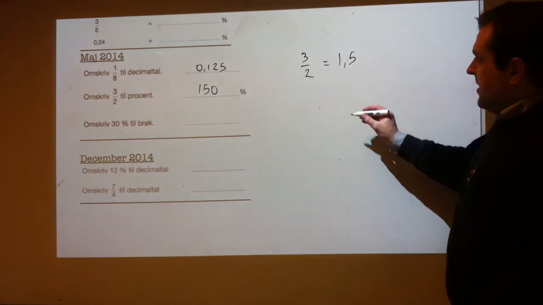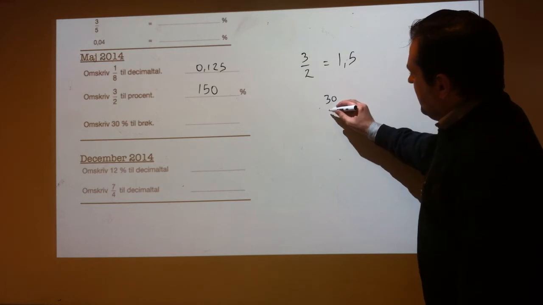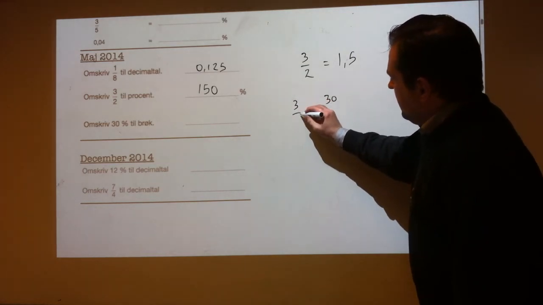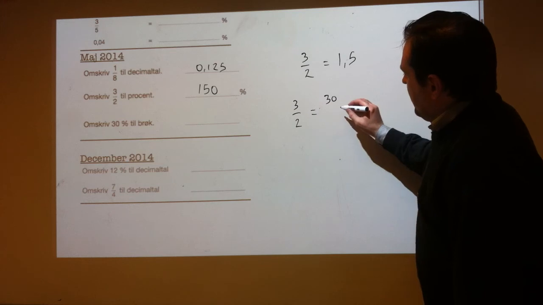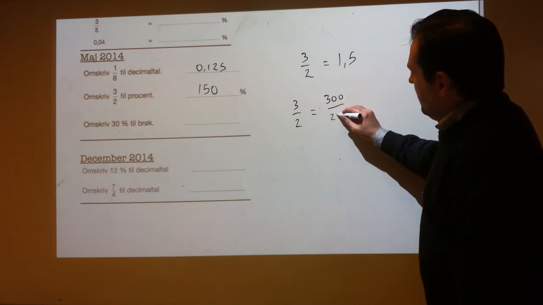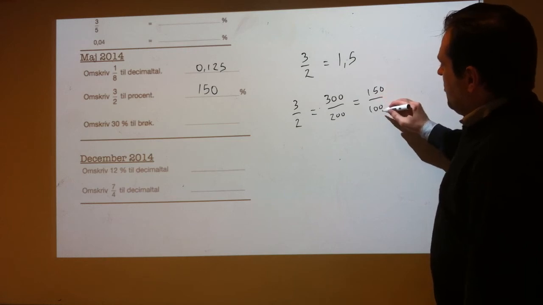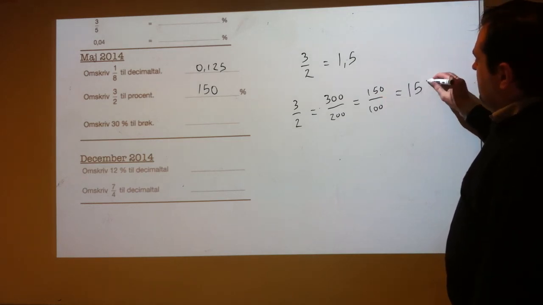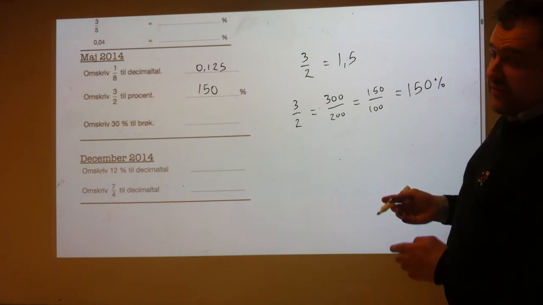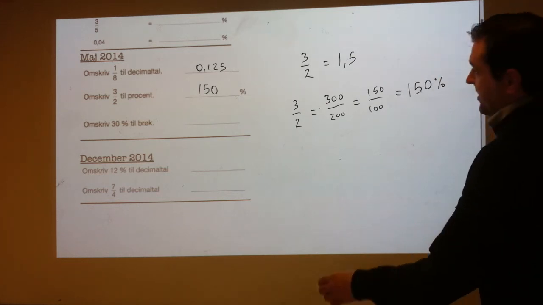Now, another way of looking at that is to say 3/2 is the same as 300/200, or 150/100. Out of 100 means percent, so that's 150%.